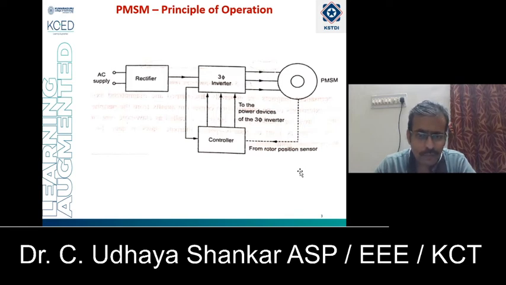The principle of operation of permanent magnet synchronous motor can also be understood by the following block diagram. For a common three-phase permanent magnet synchronous machine, a standard three-phase power stage is used. So, the permanent magnet synchronous motor is fed directly from a three-phase supply.